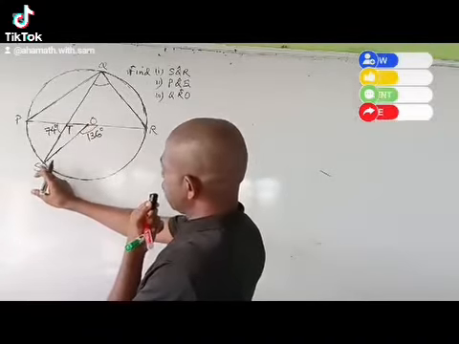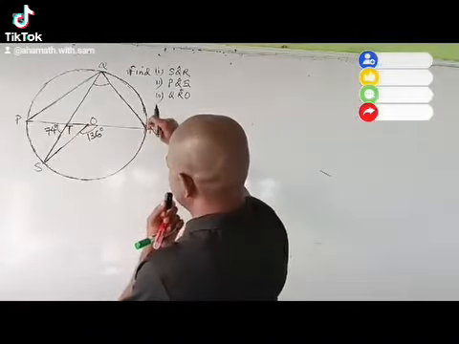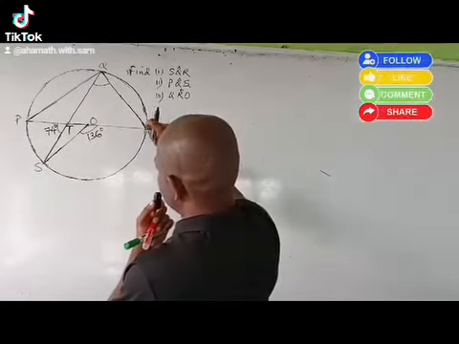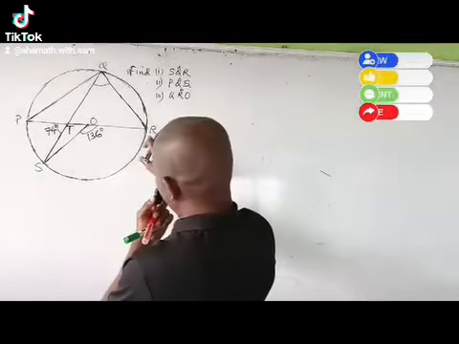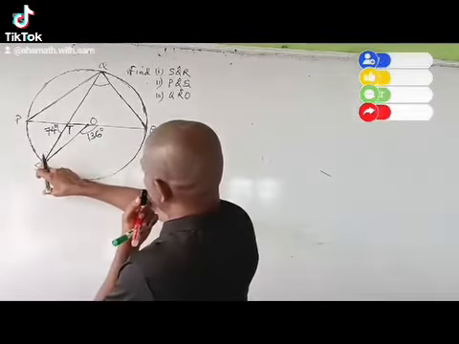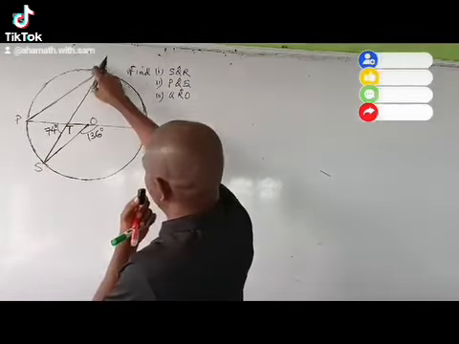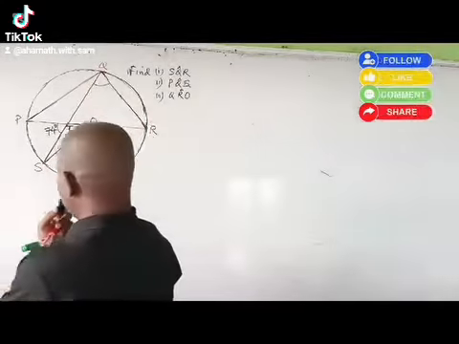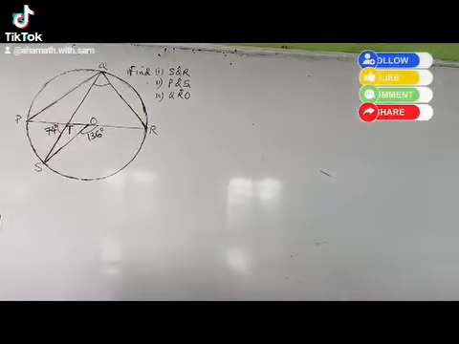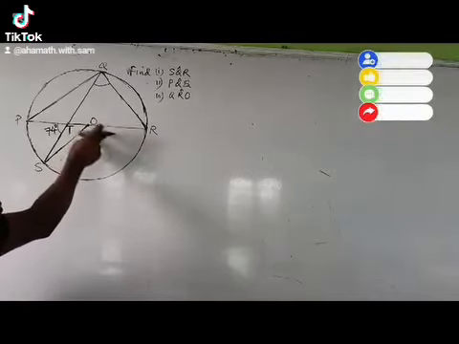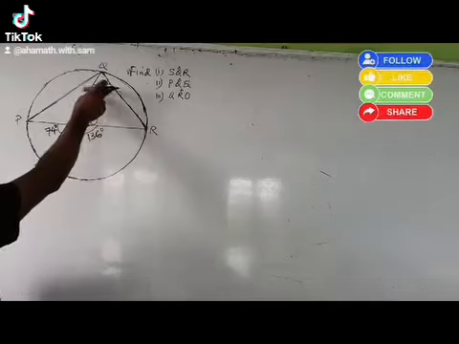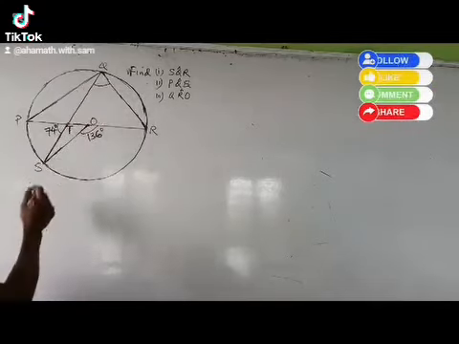We see that the arc SR subtends the angle SOR at the center, and it also subtends the angle that we are looking for, SQR. When we remember the theorem that says that the angle subtended by an arc at the center is twice the angle subtended by the same arc at the circumference, that becomes very easy.